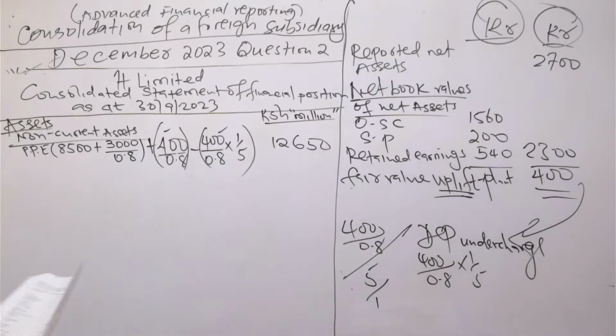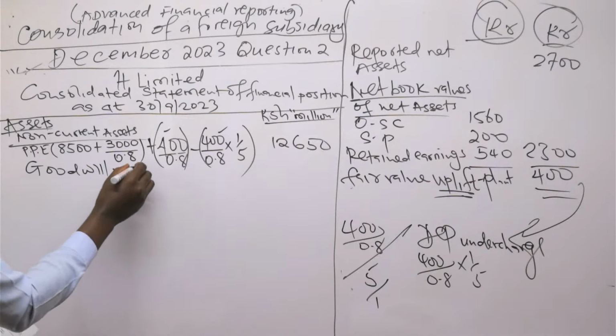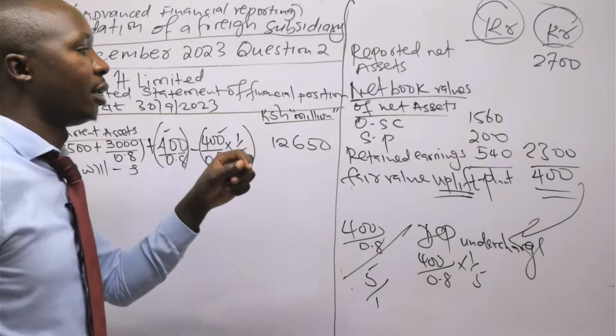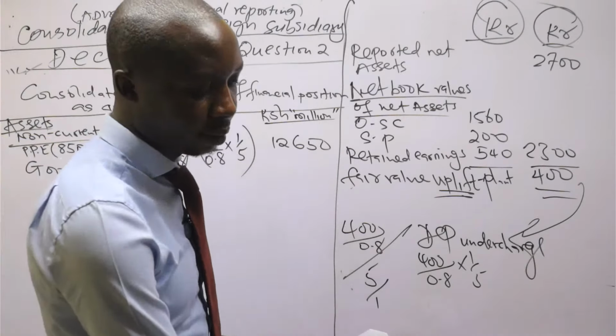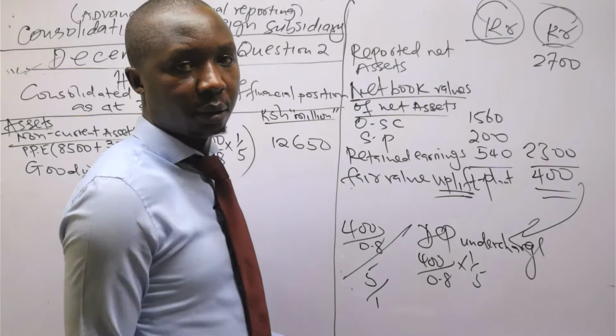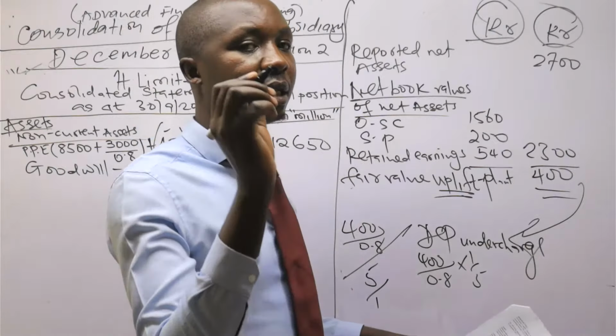The next thing is investment in S. Investment in S, you replace that one with goodwill. So goodwill of S as at the closing date. That is why we translated the goodwill of 1,000 to the closing date. Remember that we were getting goodwill of 1,000 as at the date of acquisition.